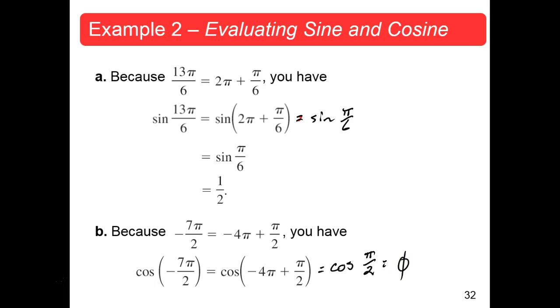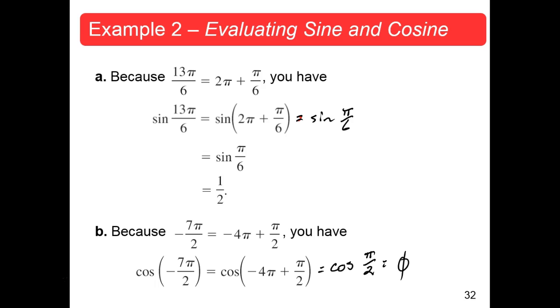All right. Are you always going to use full pies, like 2 pi, 4 pi? Any multiple of 2 pi. Yeah, it has to be a multiple of 2 pi. That's why minus 3 pi wouldn't have worked for you here, because you have to have a multiple of the period.